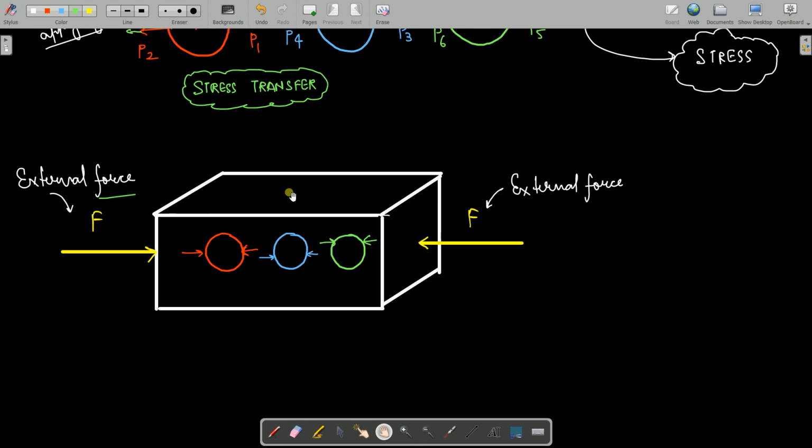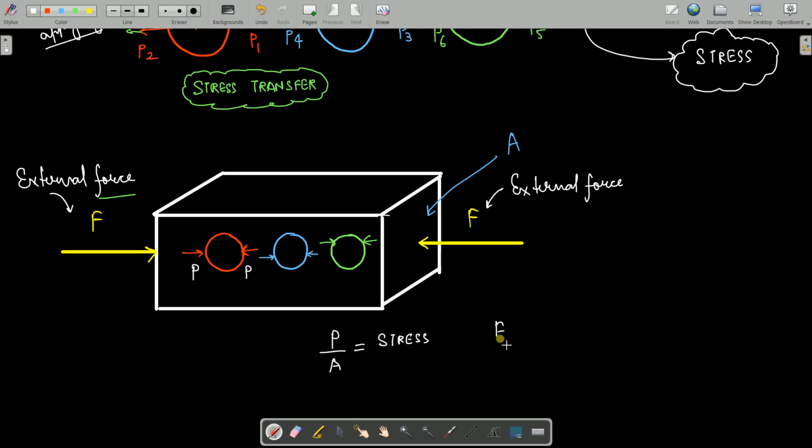Now let us consider this is my cross-sectional area, and I am naming these forces P and P. We know that these will be equal. Now if I write P divided by A, I will call this my stress.